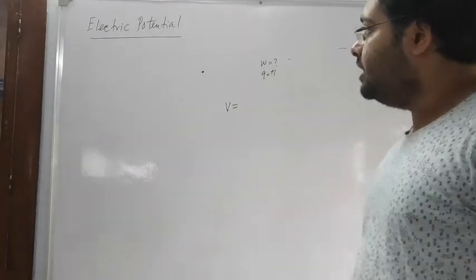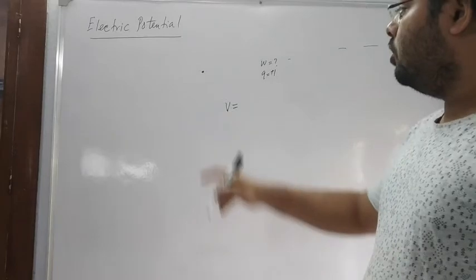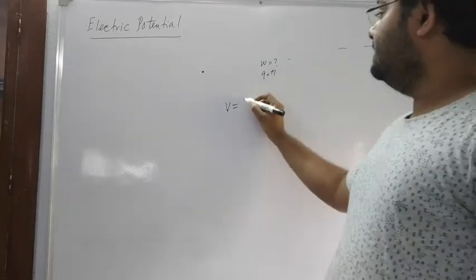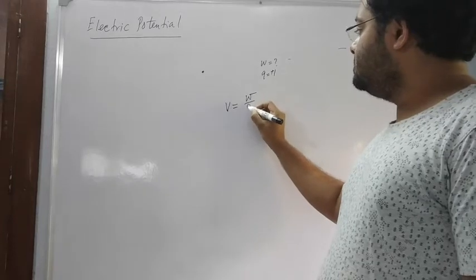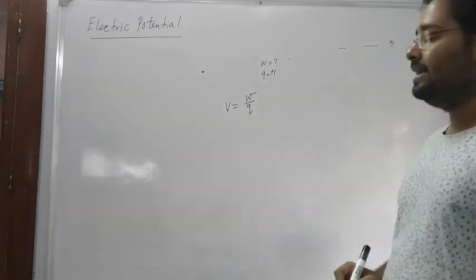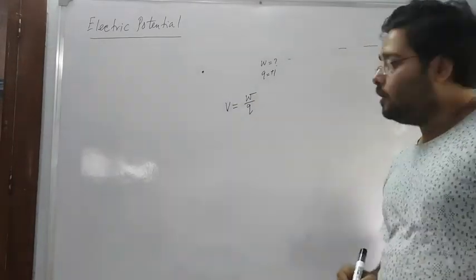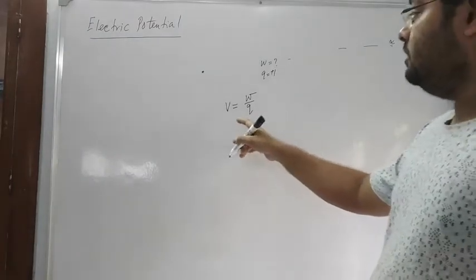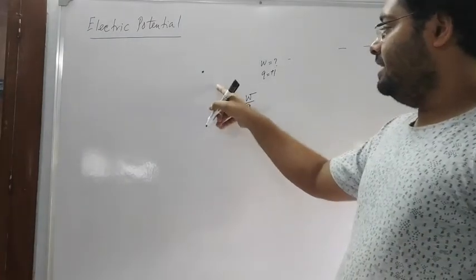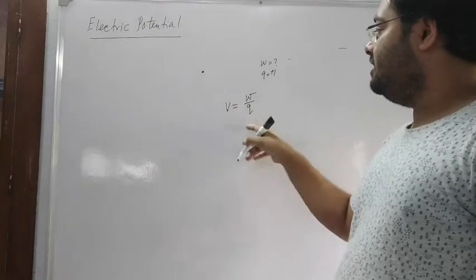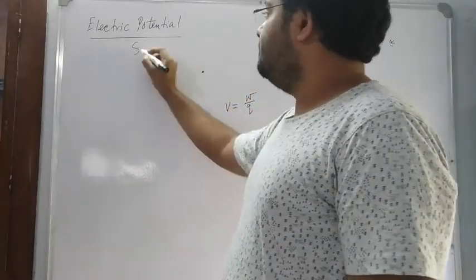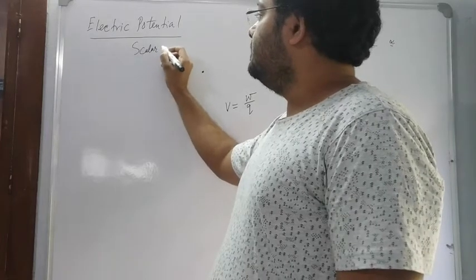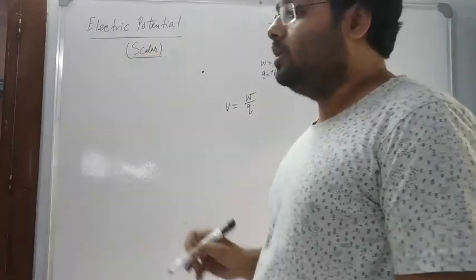So electrostatic potential of a point is basically the total work done to bring unit positive charge, and so the formula is like this. Hopefully you can get the similarity between the formula V and E. E was F by Q and V is W by Q. Now, from this definition, it is clear that it is a scalar quantity.